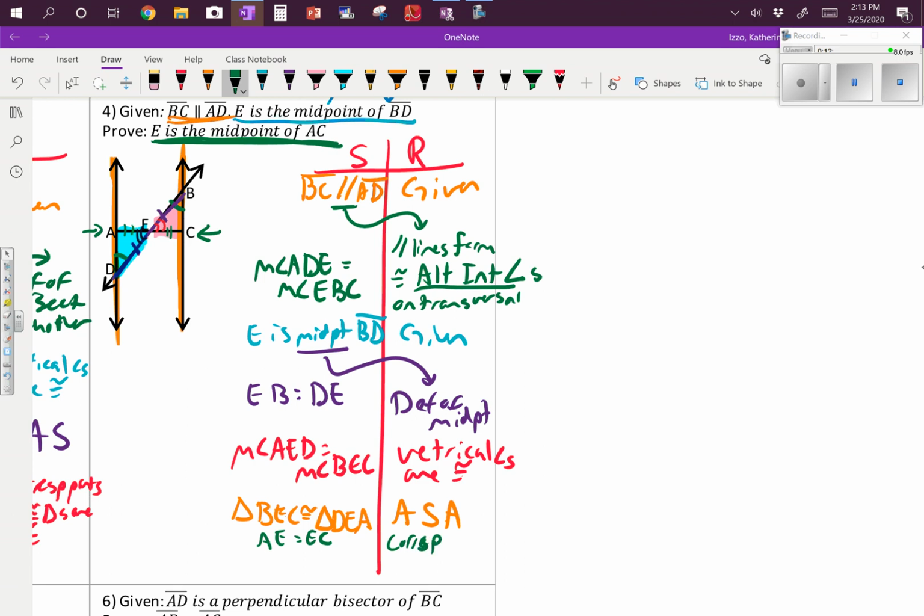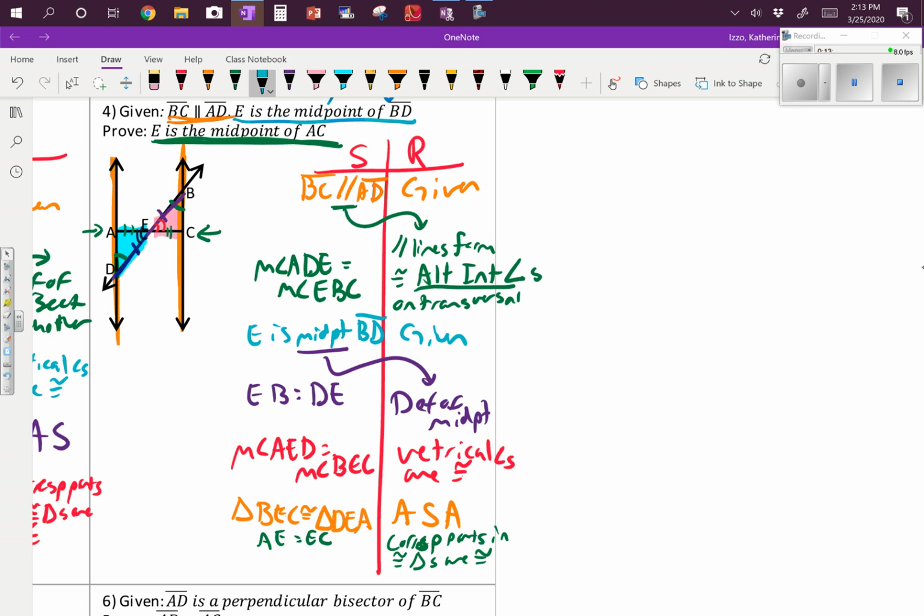Corresponding parts in congruent triangles are congruent. And then what I want to do is we're going to go backwards through the definition of midpoint.